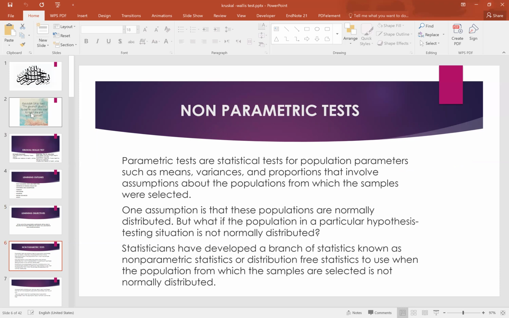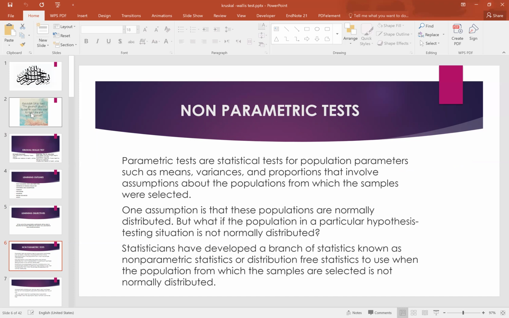Non-parametric tests. Parametric tests are statistical tests for population parameters such as means, variance, and proportions, and involve assumptions about the population from which the samples were selected.